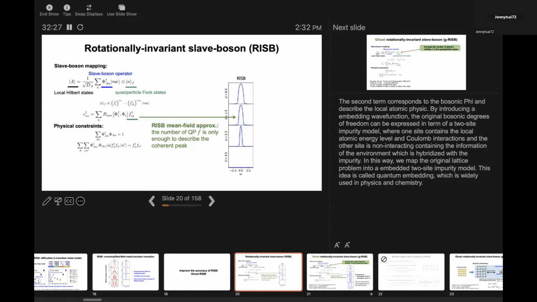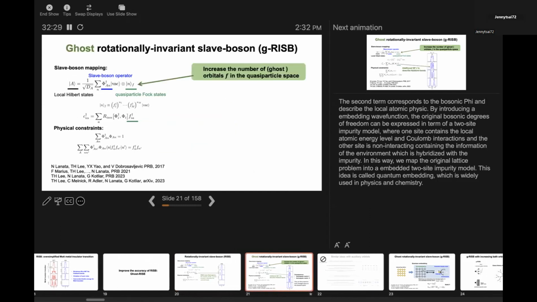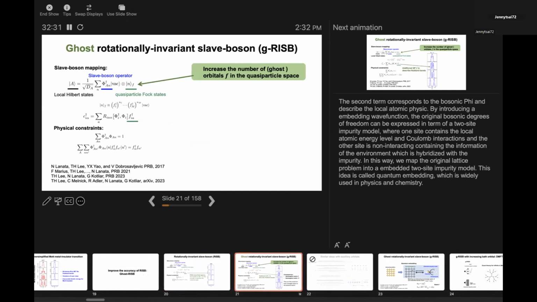Recently we found an approach called the ghost approach, where the idea is to add additional quasi-particles into our slave-boson framework. So we will enlarge the number of f here. We will enlarge the quasi-particle Fock states, but this phi matrix of the boson still lives in the physical space.